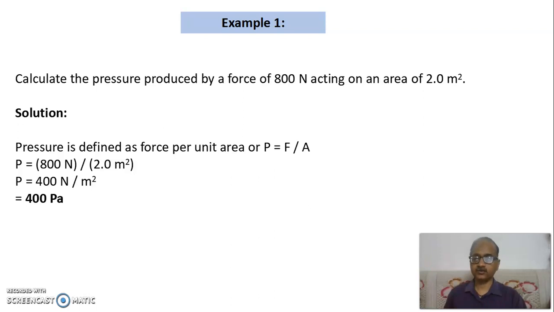So pressure is equal to 800 newton upon 2 meter square. 800 divided by 2 is going to give you 400 Newton per meter square.